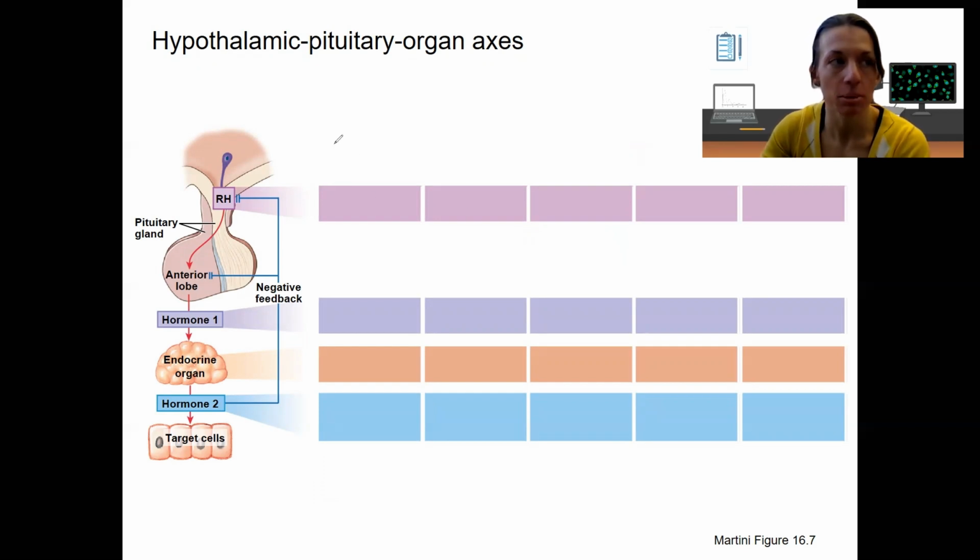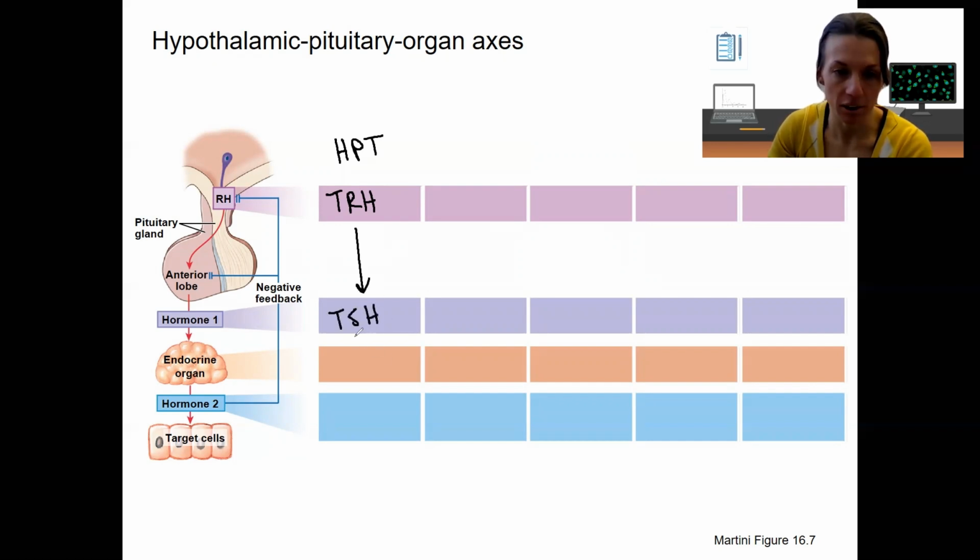I like to name them, so one is going to be called HPT. That name has some meaning. That's going to be the hypothalamus pituitary thyroid axis. So we're going to have TRH, thyrotropin releasing hormone, released from the hypothalamus, targets the release of thyroid stimulating hormone from the anterior pituitary.